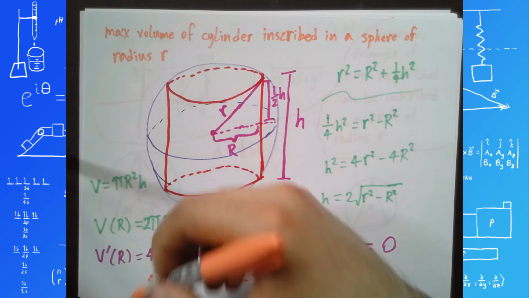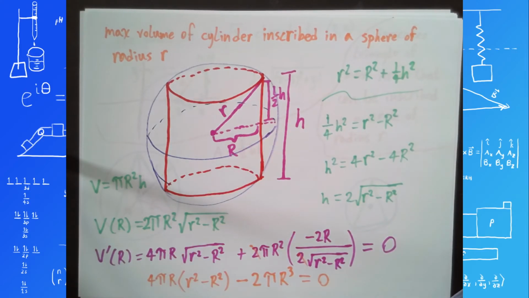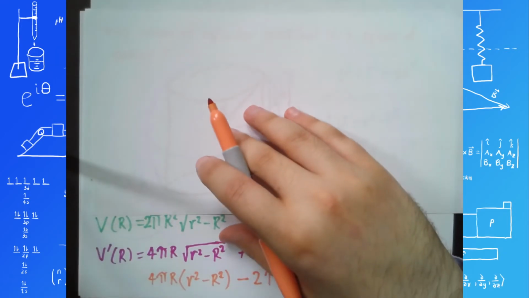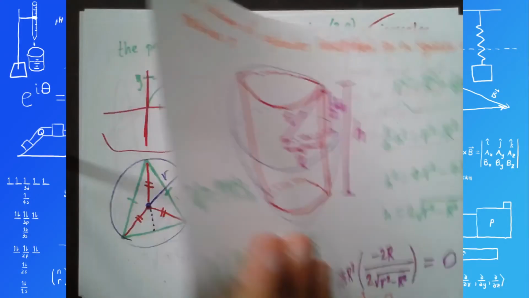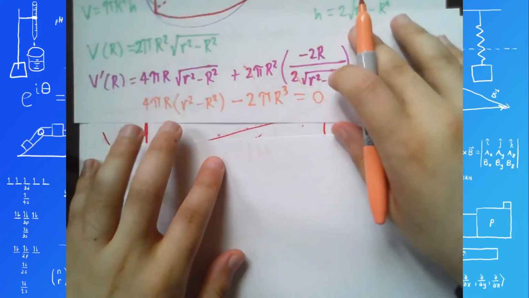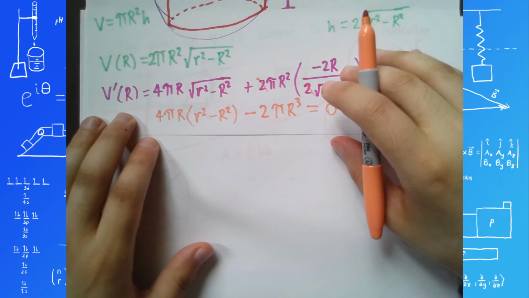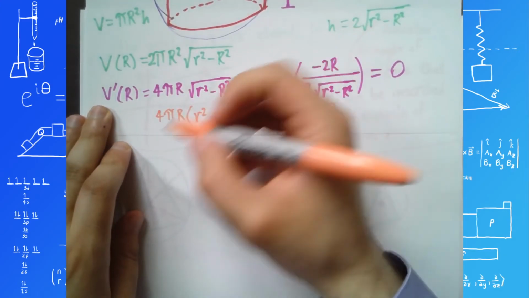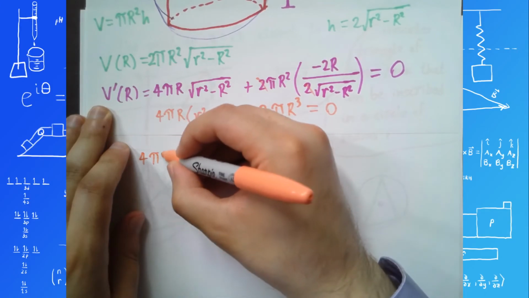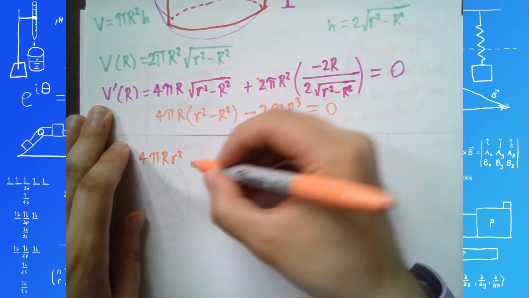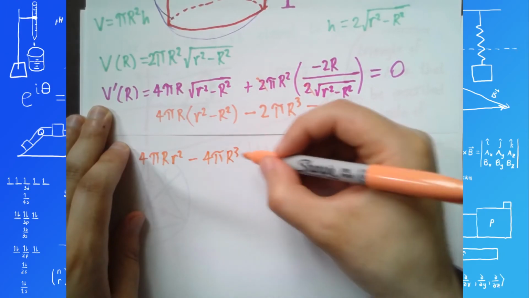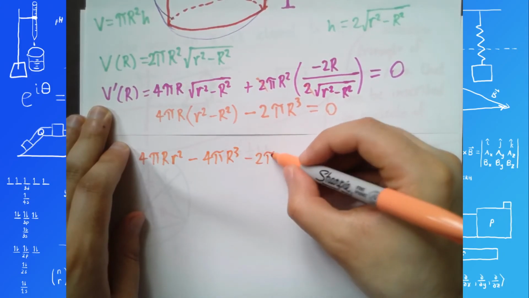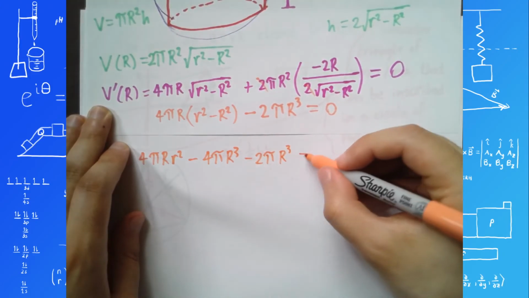Alright, and then well, I guess we can distribute 4 pi big R, and it looks like I need to continue this on another sheet. So we've got... how do I want to do this? Okay, let's do it like this. I'll move this up. And let's see, so 4 pi big R times little r squared minus 4 pi big R cubed, minus 2 pi big R cubed equals 0.